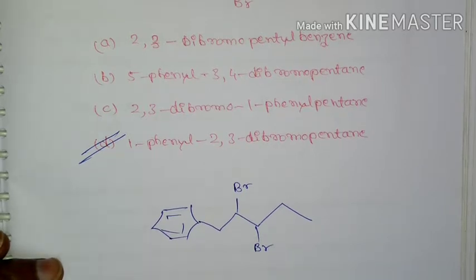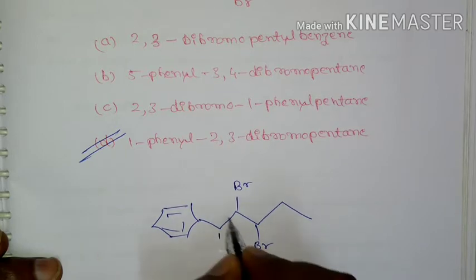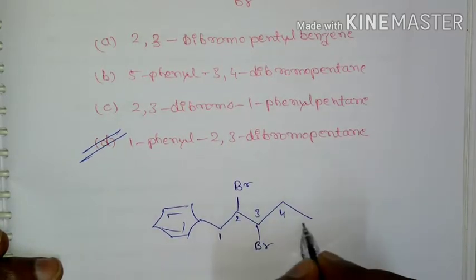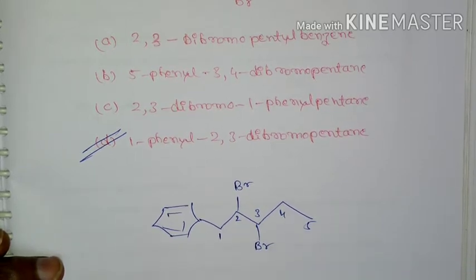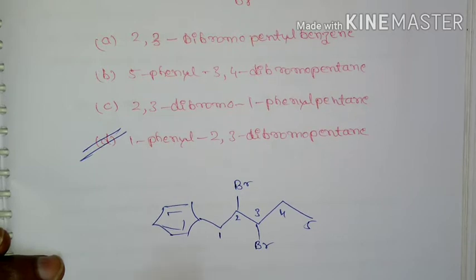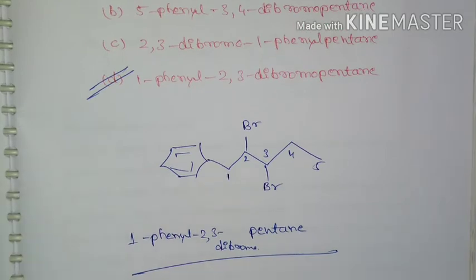I am going to number the longest possible chain from the side which gives the lowest number to the substituent, that is 1, 2, 3, 4, 5. So this is pentane, and at first position I have the phenyl substituent, and at 2, 3 I have the dibromo. So this is a very simple IUPAC name.